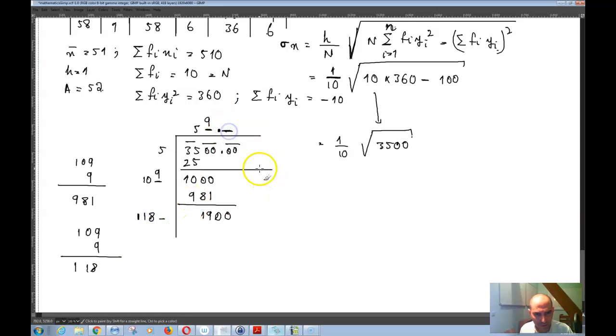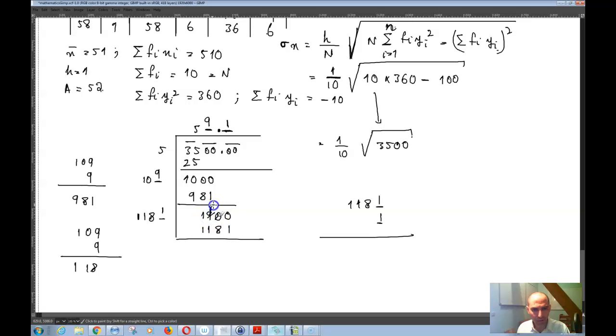Basically one digit here, one digit here, and you're looking for 118. And that's around 1,200. If I go 2 times, that is 2,400, which is too much, so 1 time, so 1181.